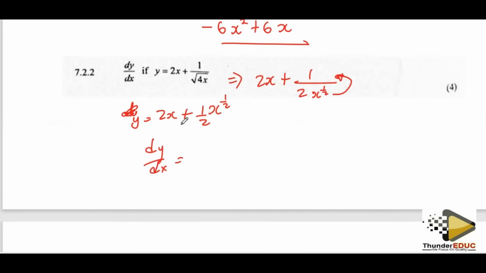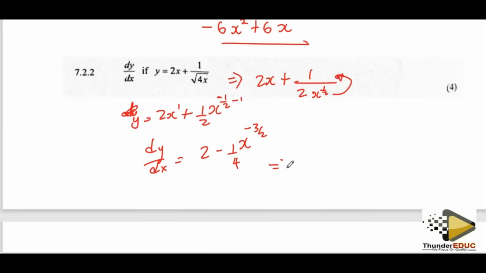That's a 2, because 1 times 2 is 2, then subtract 1. This is a negative, remember, since the exponent has gone up. A negative a half times a half is going to give me negative 1 over 4. x, subtract 1 from there, I'm going to have negative 3 over 2.